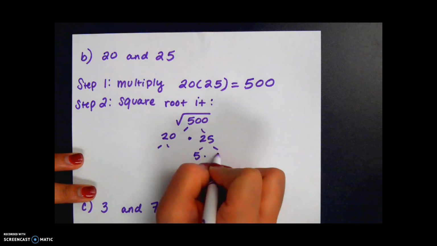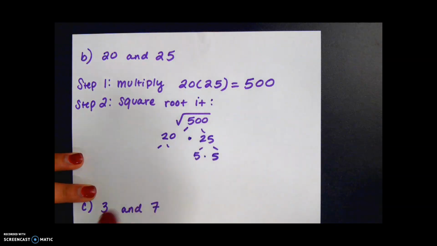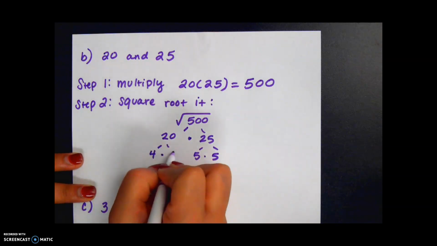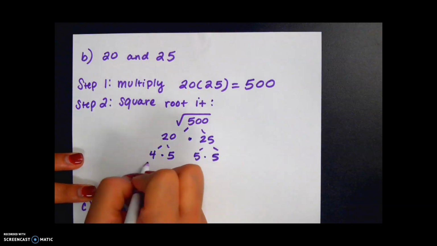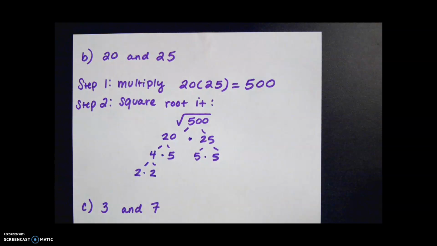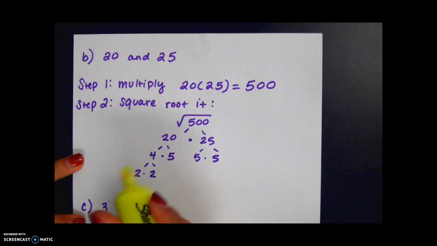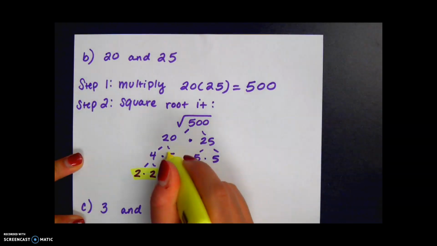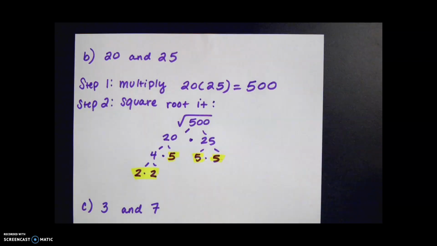25 is 5 times 5. Those are prime, so I leave it alone. 20 is 4 times 5. 4 is 2 times 2, and those are my prime numbers. All right, so now I'm going to circle my pairs.